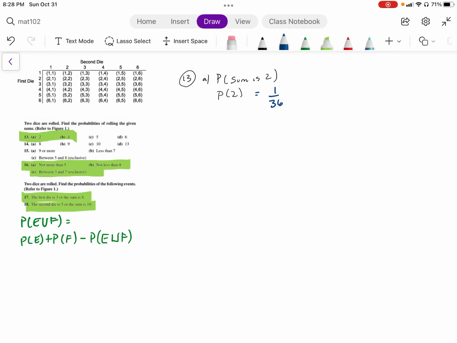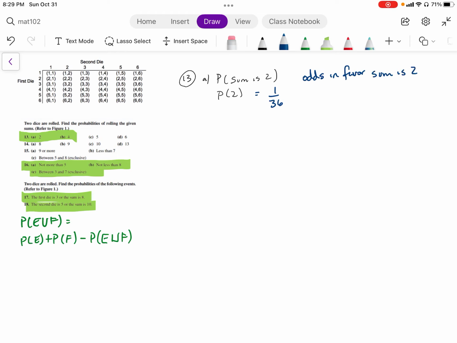And really quick, I know it doesn't ask, but I wanted to throw in odds as well. Some authors teach it a little differently, so I wanted to share my way. So the odds in favor of the sum being 2.